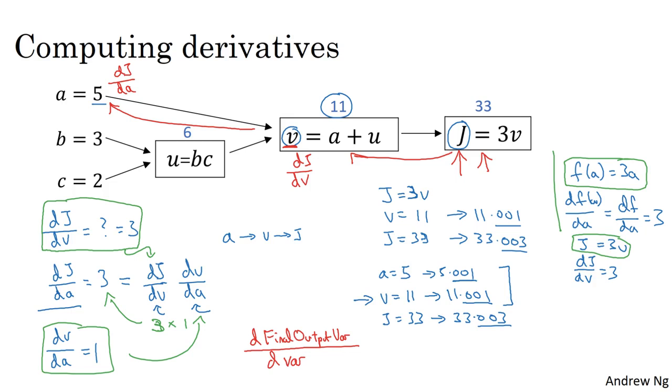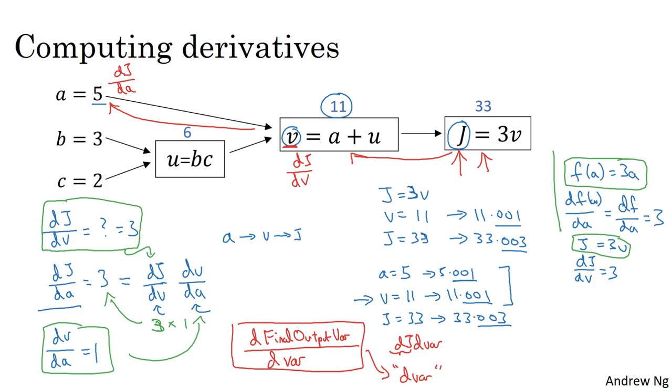But that's a very long variable name. You could call this dJ dvar, I guess. But because you're always taking derivatives of this final output variable J, I'm going to introduce a new notation where, in the code you write, we're just going to use the variable name dvar to represent that quantity.